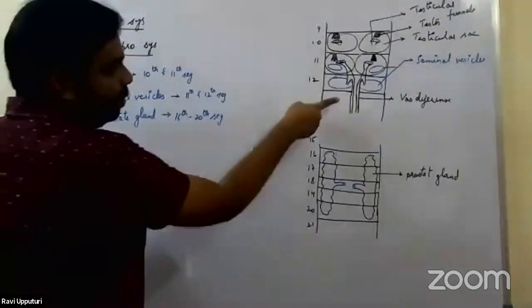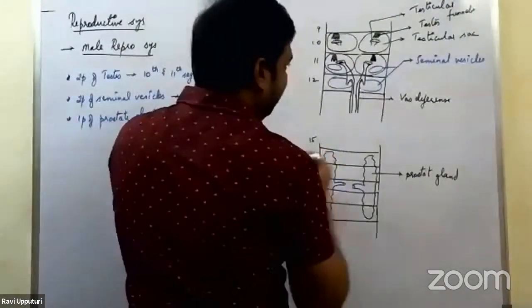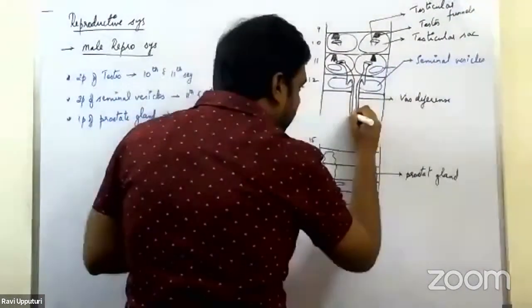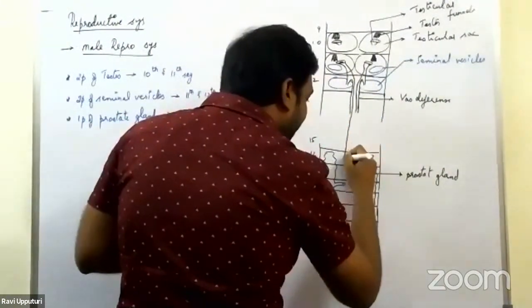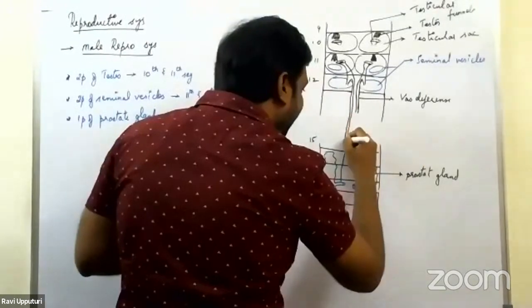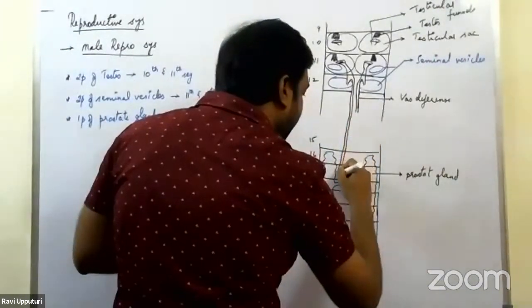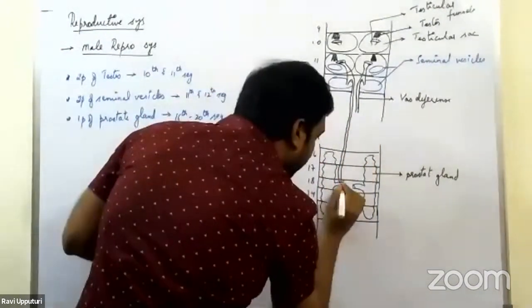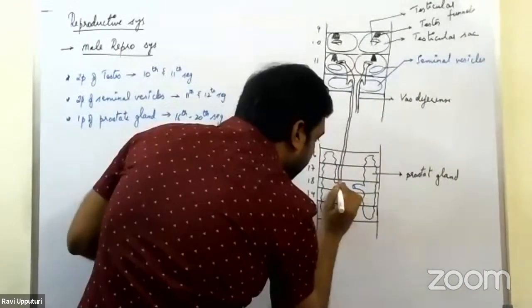That is nothing but the vas deferens. So this vas deferens comes here into the 18th segment, and it would actually open up into the prostate gland, like this.